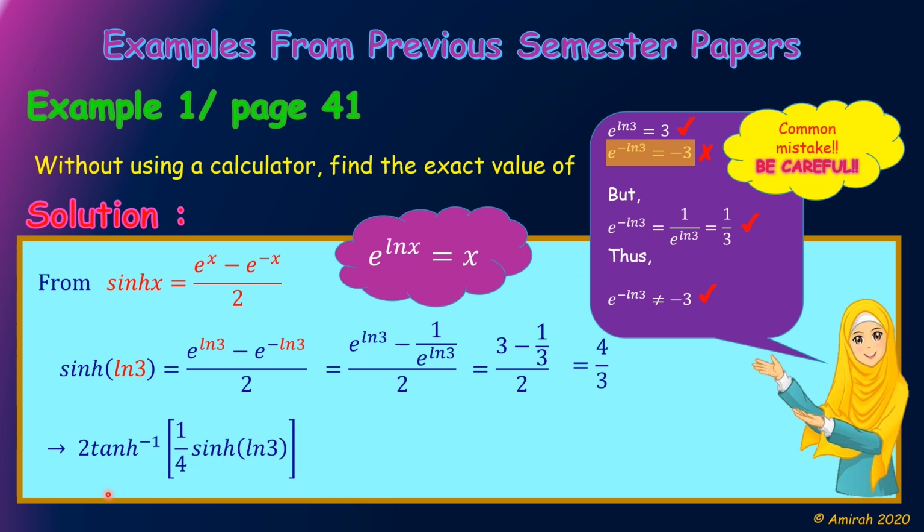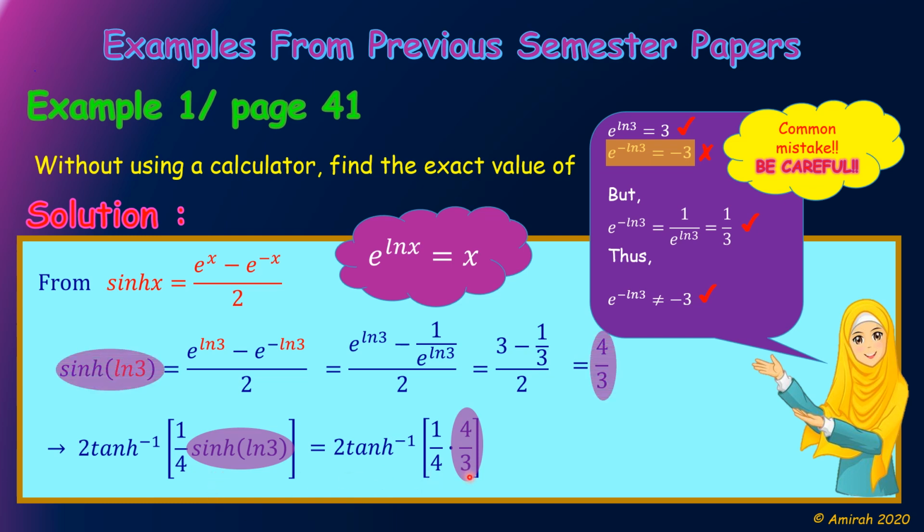Then we can find 2 inverse tan (1/4 sinh ln 3), which equals 2 inverse tan (1/4 times 4/3). What we do is replace sinh ln 3 with 4 over 3.